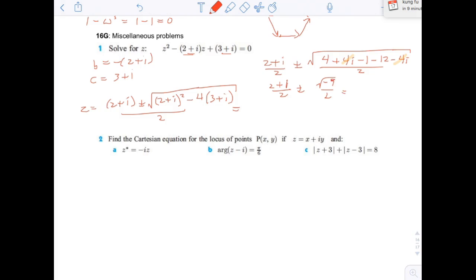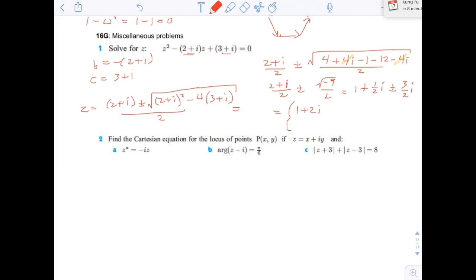And so this is equal to 1 plus 1 half i plus or minus, and the square root of negative 9 is 3i, right? So 3 halves i. So the two solutions are 1 plus 1 half i plus 3 halves i, which would be 1 plus 2i.